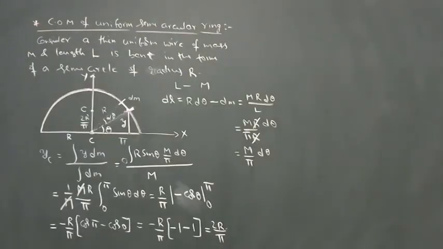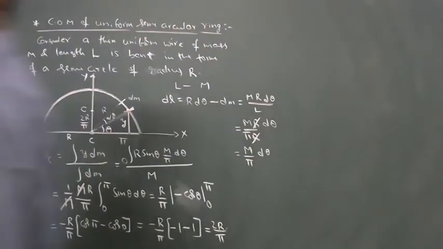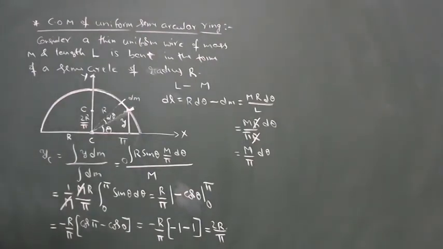This is a very, very important result. The center of mass of a semicircular ring is at a height 2r by pi on the axis of symmetry from the center of the base.